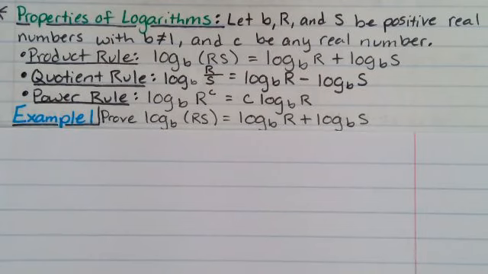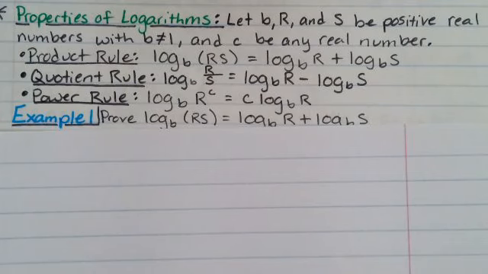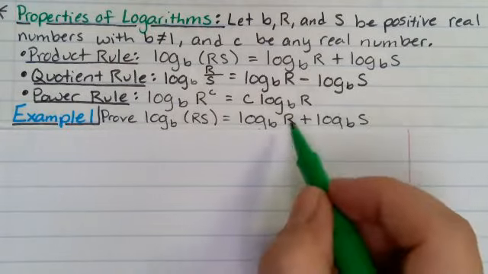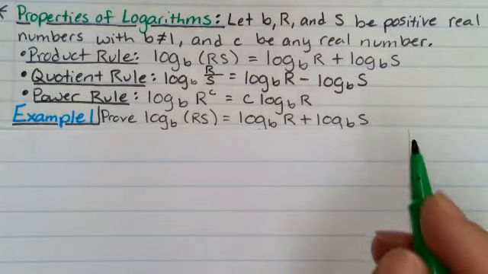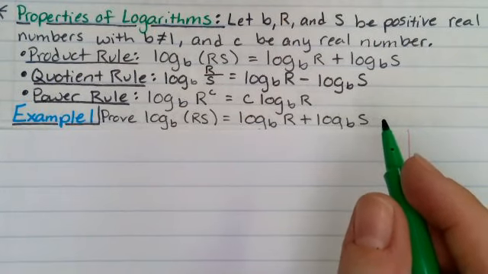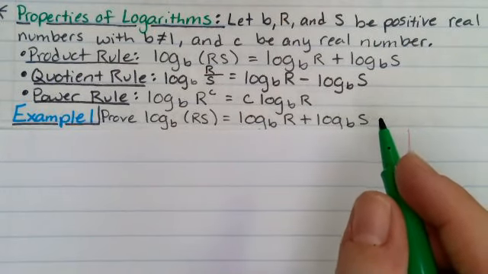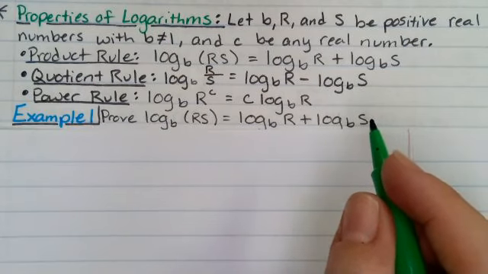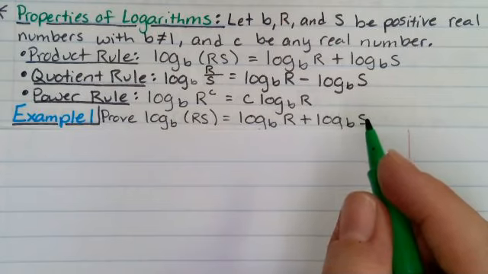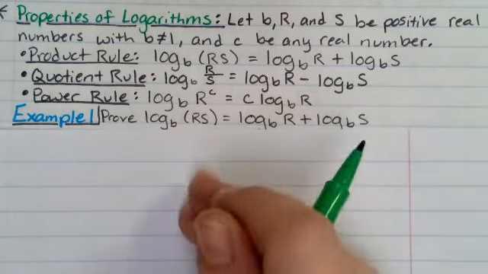So example 1 is just asking us to prove the product rule. They said prove that log base b of r times s really is the same thing as log base b of r plus log base b of s. Now, for those of y'all who haven't seen a proof since geometry, I'm just going to start off by saying this proof is not the exact same as the types of proofs you did in geometry. We're not going to do the two-column thing with the statements and the reasons.